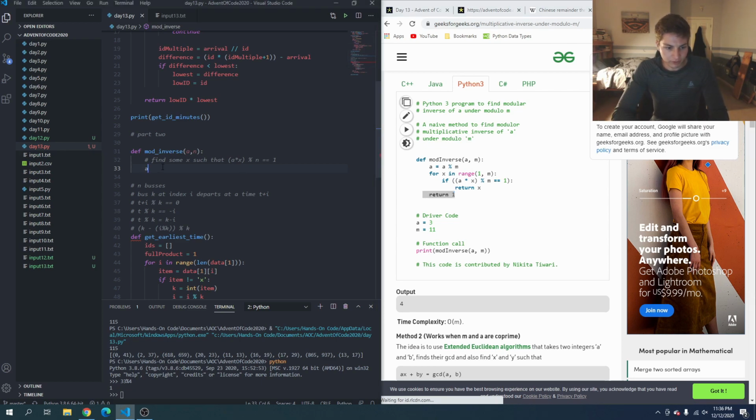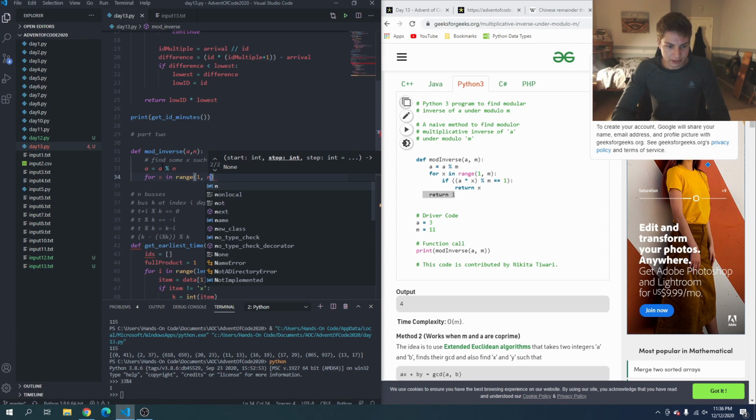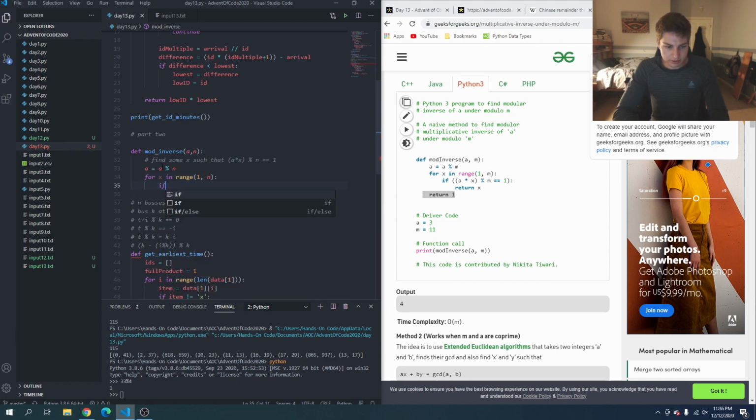So we could say a is equal to a mod n, and for x in range 1 to n, if a times x mod n is equal to 1, return x.